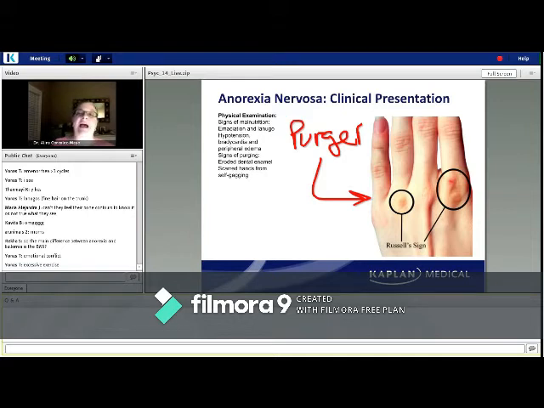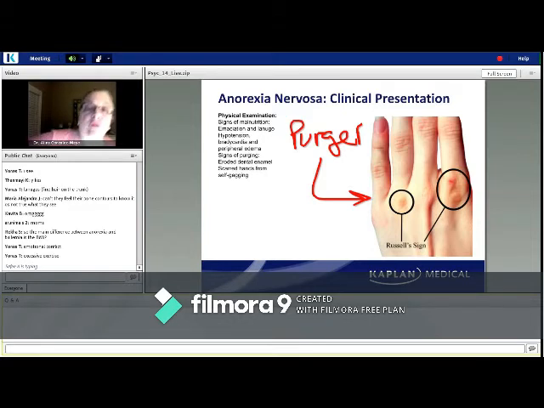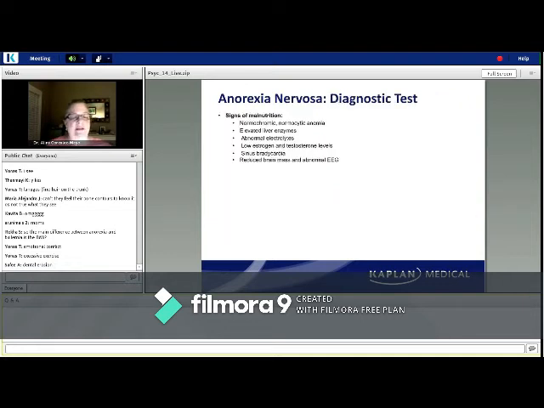So you will have cavities, you will have dental erosions, you will have parotid gland enlargement, you will have lanugo hair, you'll look emaciated, you'll have blood pressure changes, and what typically kills you is hypokalemia that causes you to have an arrhythmia and therefore death. So they'll have malnutrition, so you'll have anemias, elevated enzymes, abnormal electrolytes, especially potassium, low hormone levels.